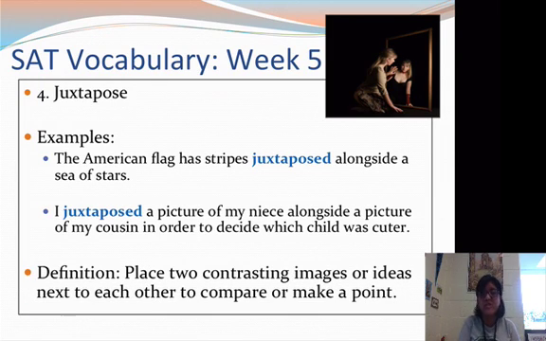Juxtapose means placing 2 contrasting images or ideas next to each other to compare or to make a point. Try to use the word juxtapose in your own original sentence. Oftentimes you'll hear the phrase juxtaposition of opposites, so placing 2 opposite ideas or images next to each other. So write your own original sentence and pause the video if you need to.